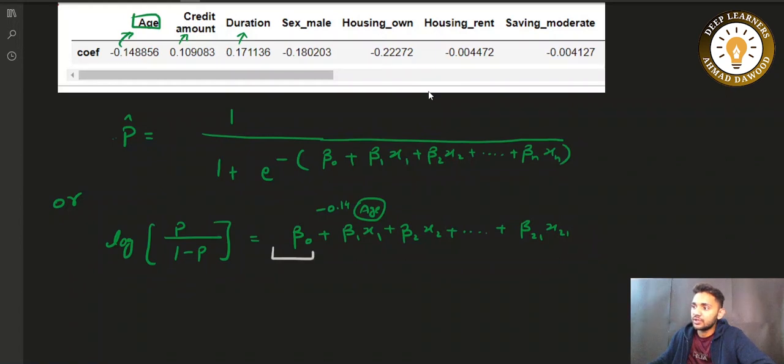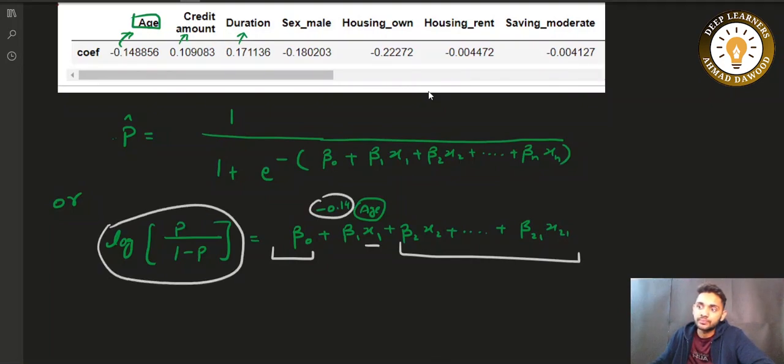Keeping all other terms constant, an increase of 1 unit in age gives a 0.14 decrease in the log of odds.